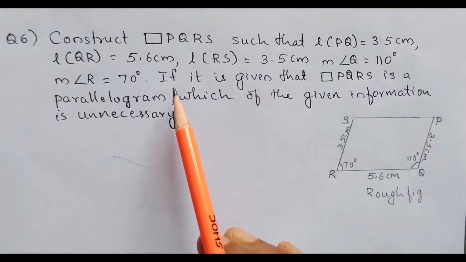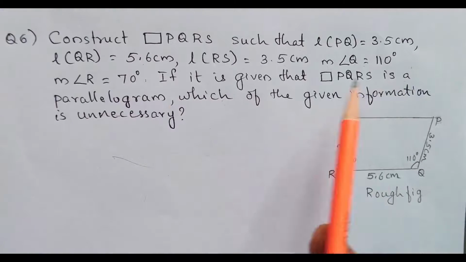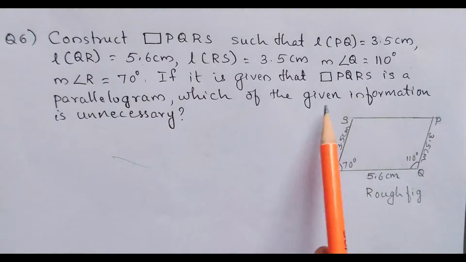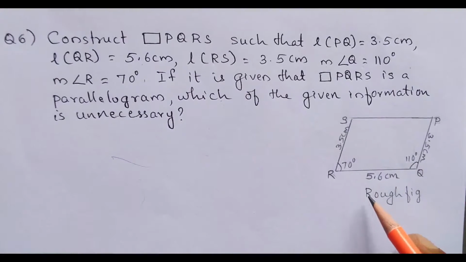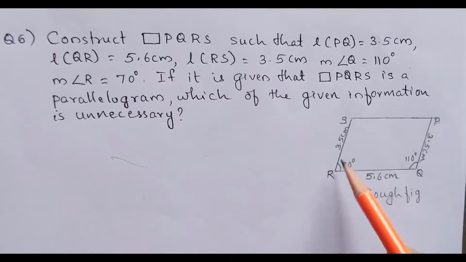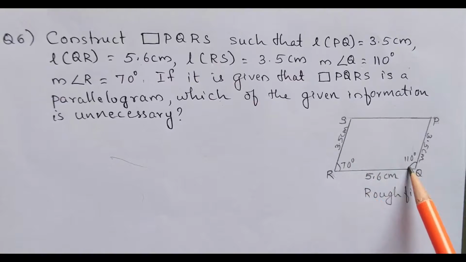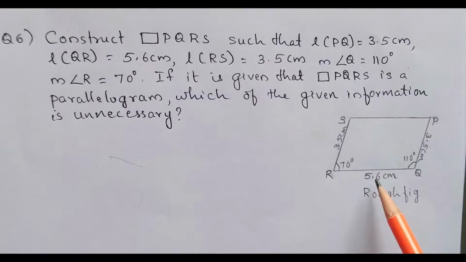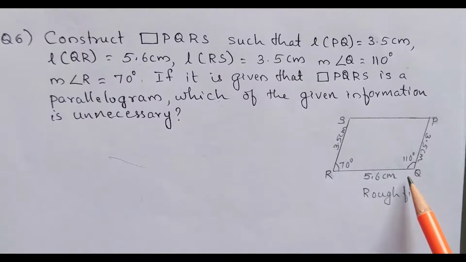And the second part of the question is, if it is given that quadrilateral PQRS is a parallelogram, which of the given information is unnecessary? So this is your rough figure. Quadrilateral PQRS, 3 sides and 2 angles are given. You know how to construct the quadrilateral when 3 sides and 2 angles are given.